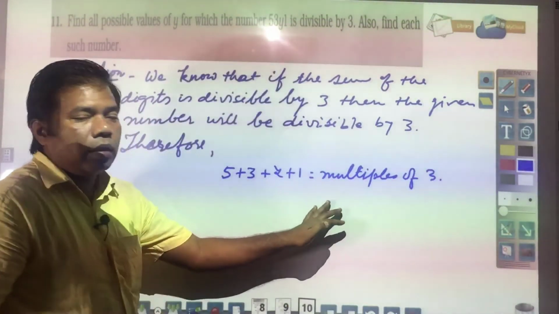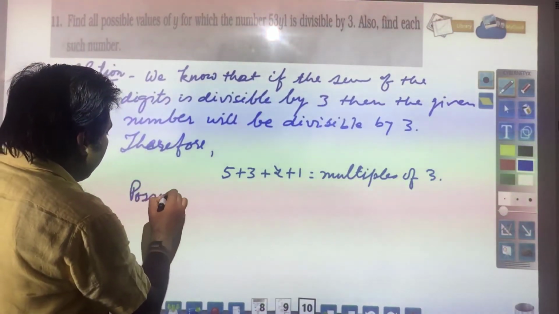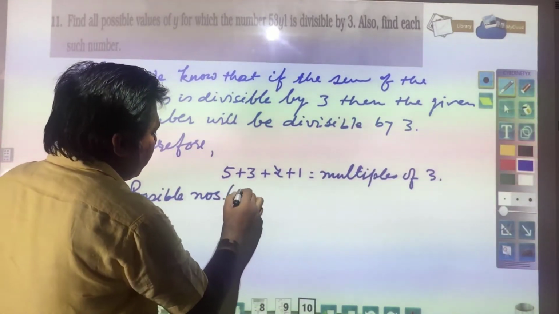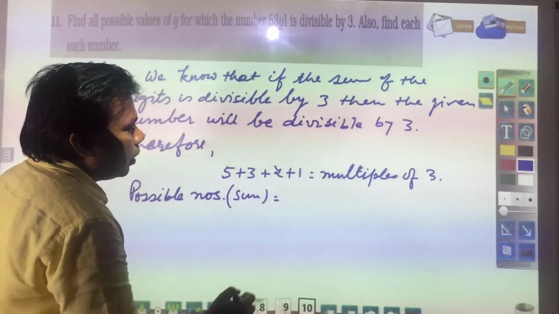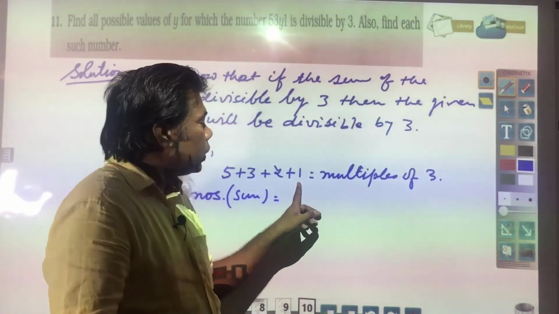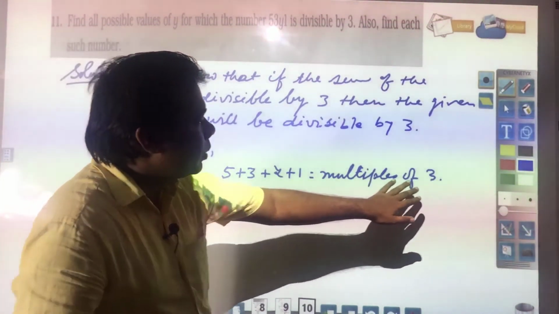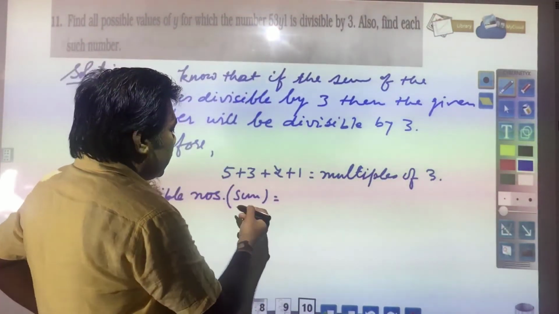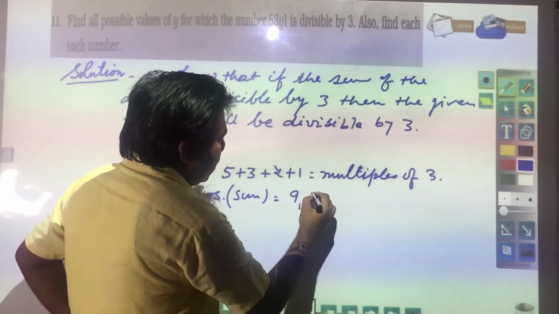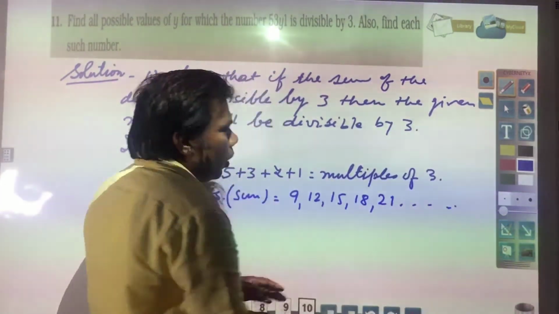So, what are the possible sums? Just see, 5 and 3 is 8, 8 and 1 is 9. It can start with 0. So, that 9 will be divisible by 3. Here you can see the possible sum will be 9, 12, 15, 18, 21 and so on.